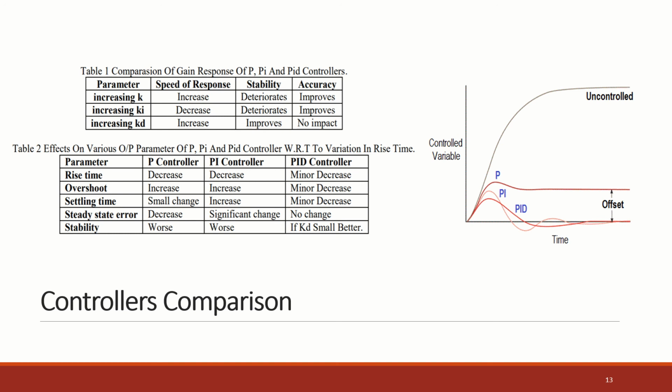That said, it is possible to observe the effects on the characteristic parameters of a system and the effect that each P controller, PI controller, and PID controller has regarding the rise time, the overshoot, the settling time, the steady state error, and the stability.